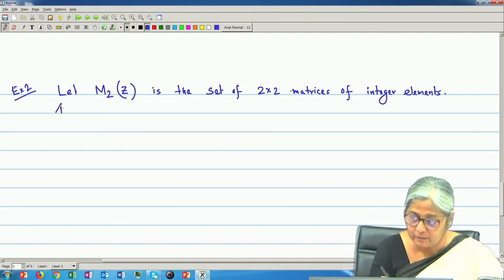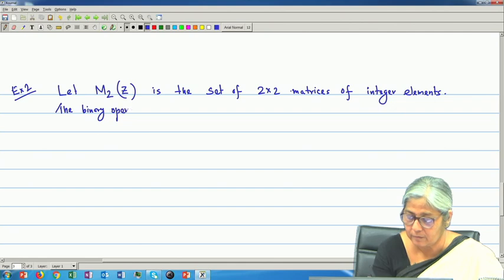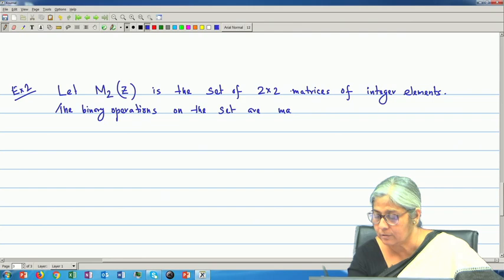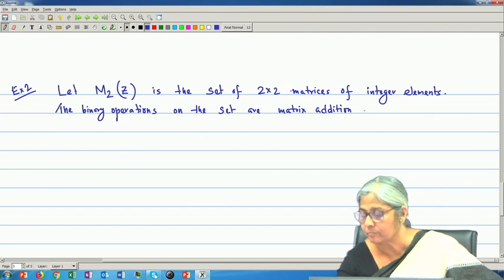The two binary operations on the set are matrix addition and matrix multiplication.